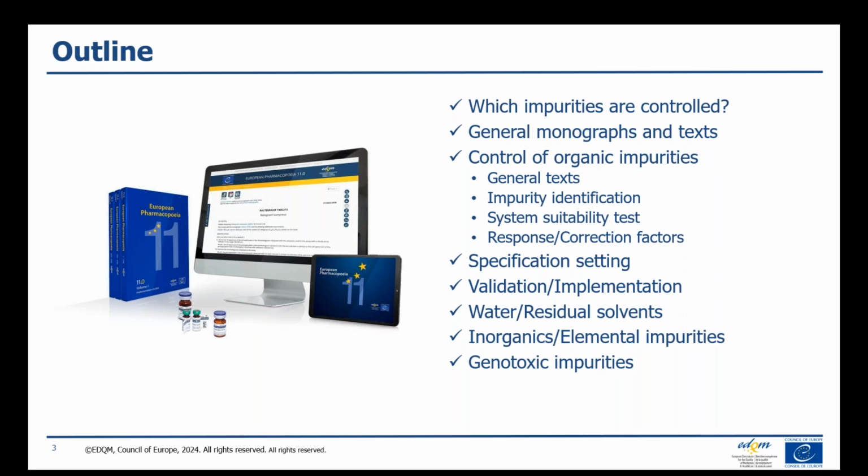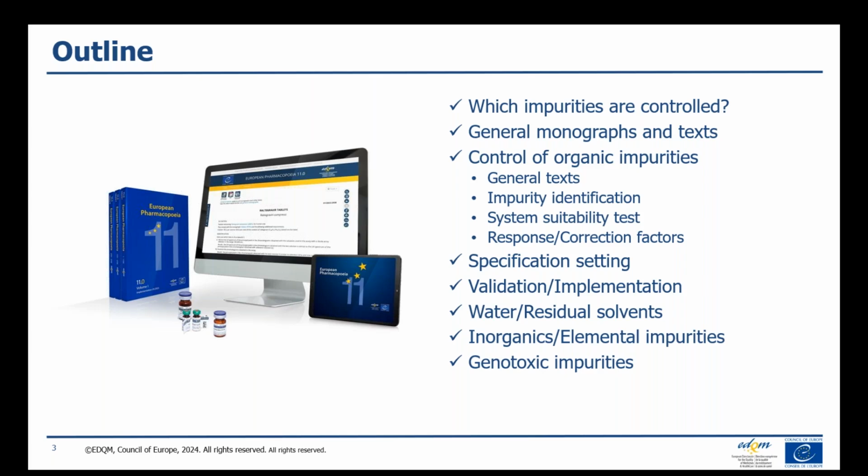Then the main part of the presentation will focus on the control of organic impurities. So we will see the general text which refer to this kind of impurity. Also, how we identify the impurities, which system suitability test has to be fulfilled, and also some information on the response and the correction factors.